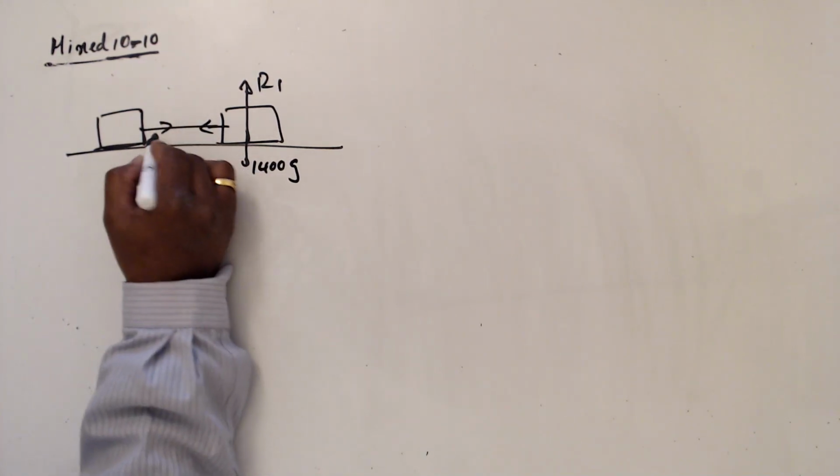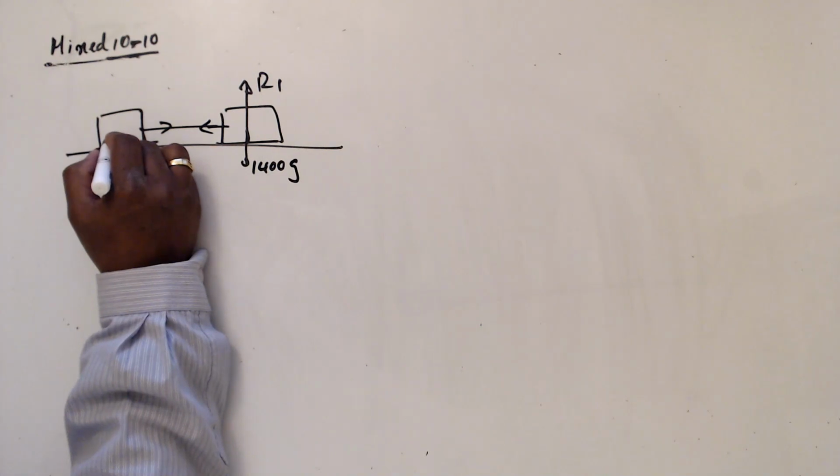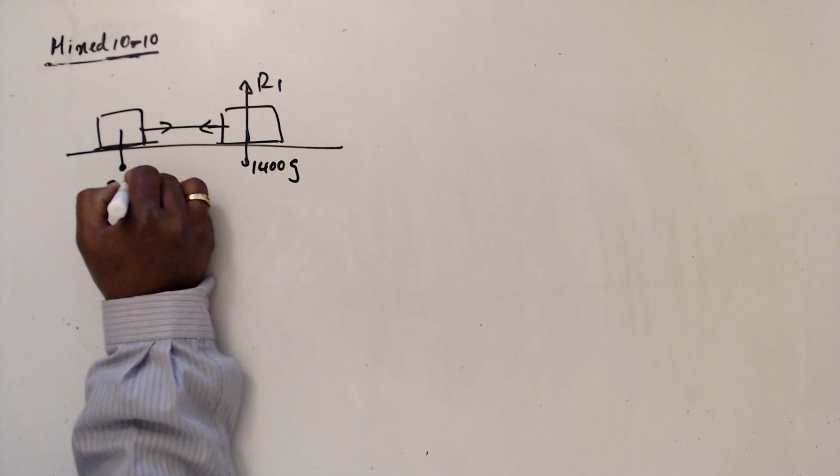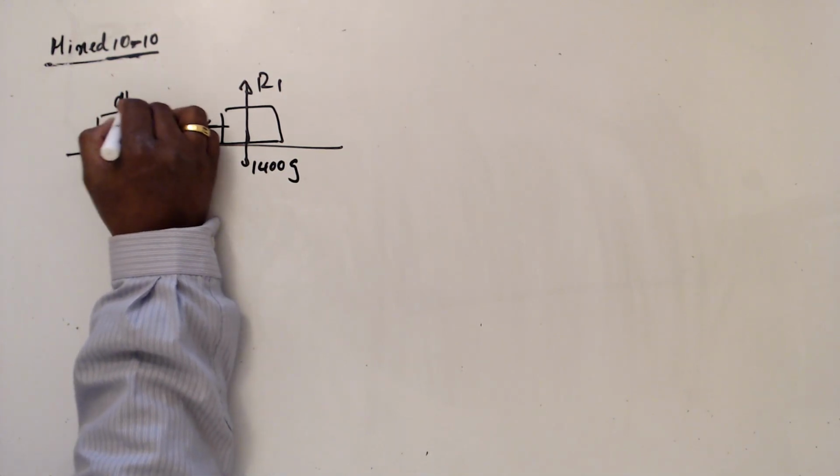So there is a tension, and this is 700 G, and this is going to be R2.